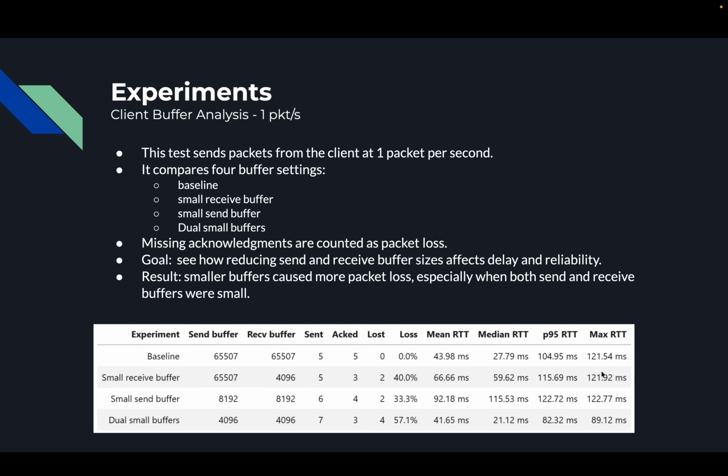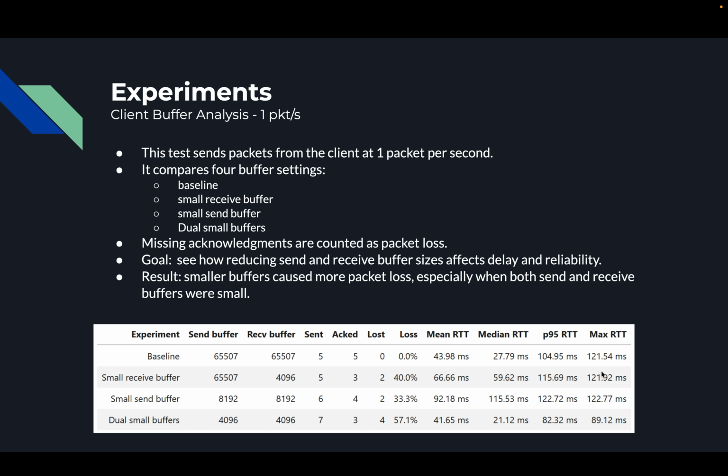The baseline sent 5 packets and had no packet loss with a median RTT of about 27.8 milliseconds. When the receive buffer was reduced to 4,096 bytes, packet loss increased to 40%, and median RTT rose to about 59.6 milliseconds.